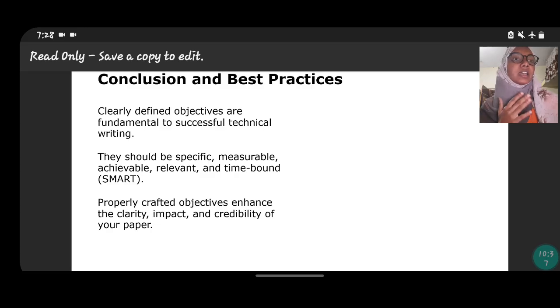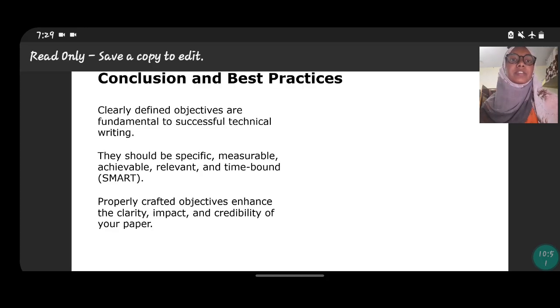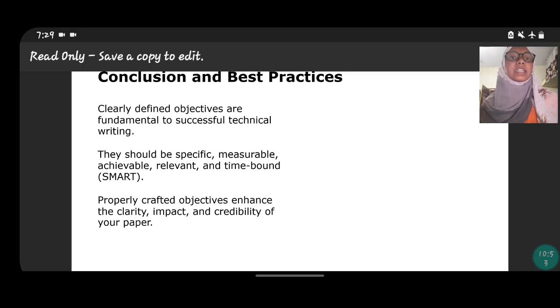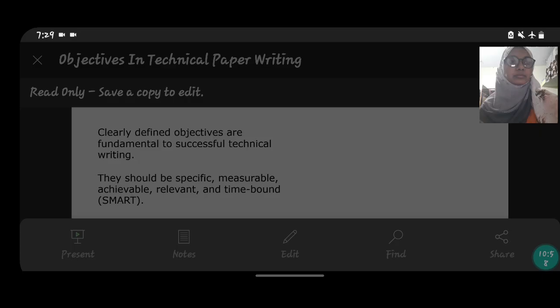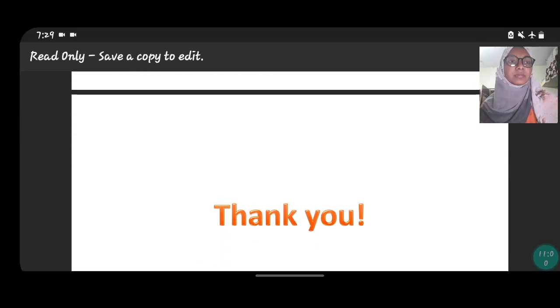While reading, the reader must understand. The objectives should be specific, measurable, achievable, relevant, and time bound. Properly crafted objectives enhance the clarity, impact, and credibility of your paper. Thank you.